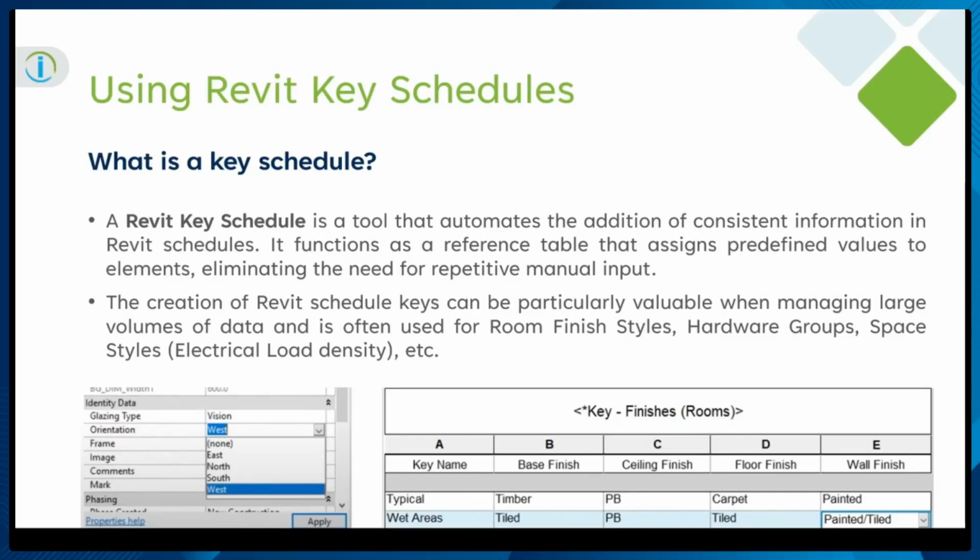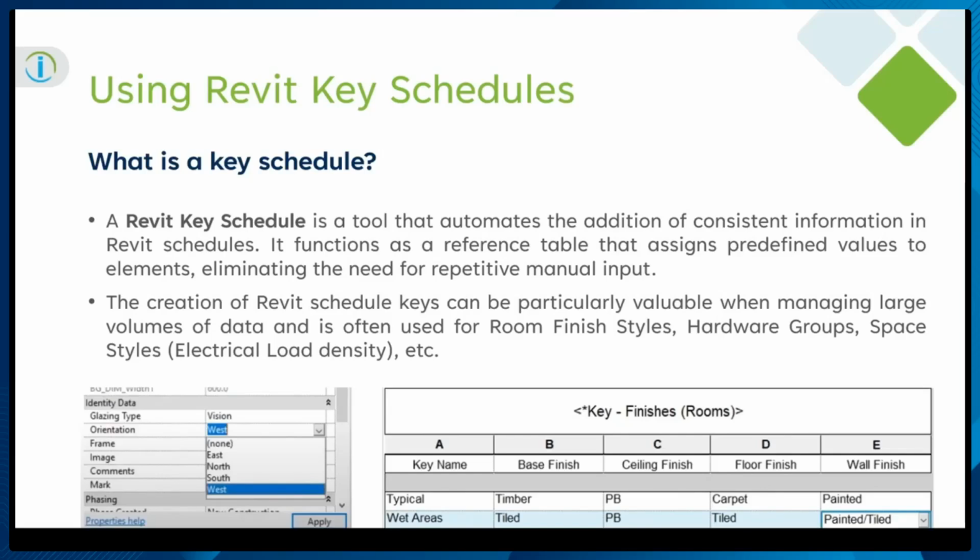Inside a room schedule, instead of having independent rows of items, you can actually simplify all those items with different room finish types. So in this slide, we have two room types. One's typical and one's wet areas.